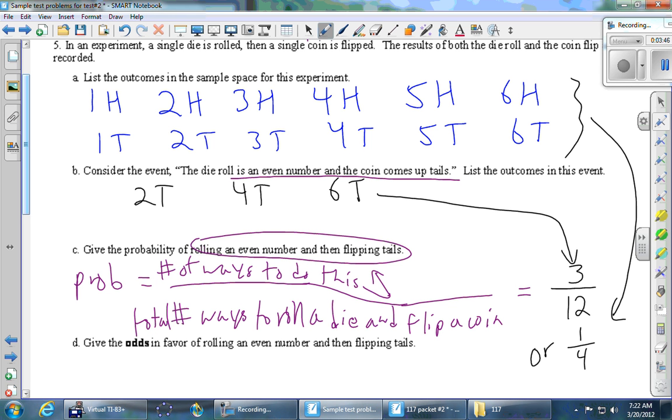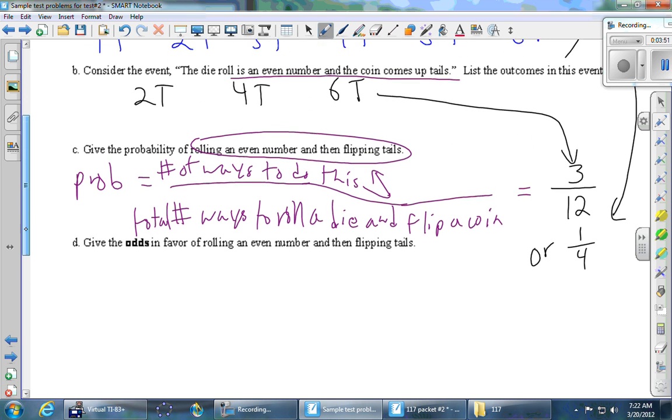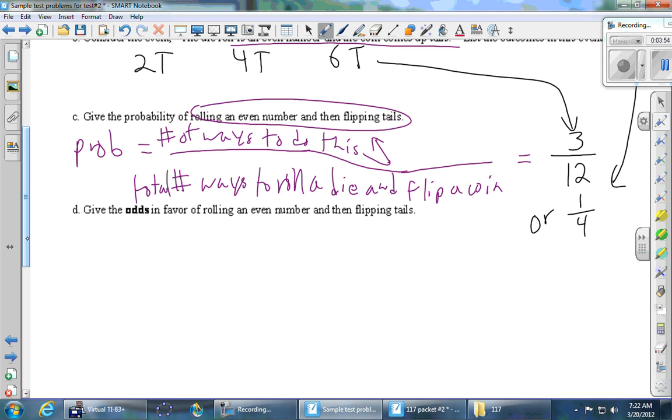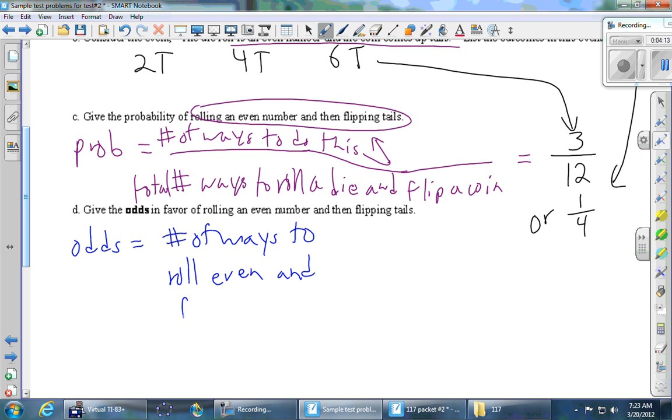Part D, give the odds in favor of rolling an even number and then flipping tails. Okay, so this is the same problem, the same information. We're just going to grab from the probability that we got up above. So I'll write down the definition here. The odds in this case are the number of ways to roll an even number and flip tails, and I'll put a big colon for the word 'to'.